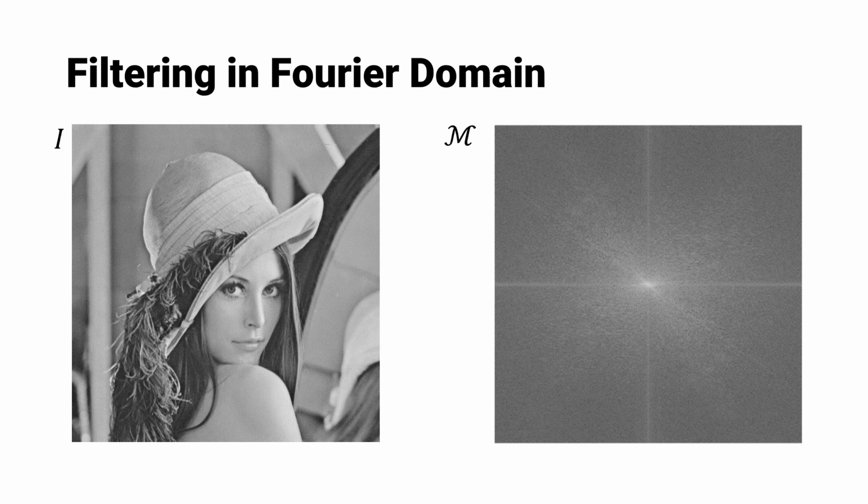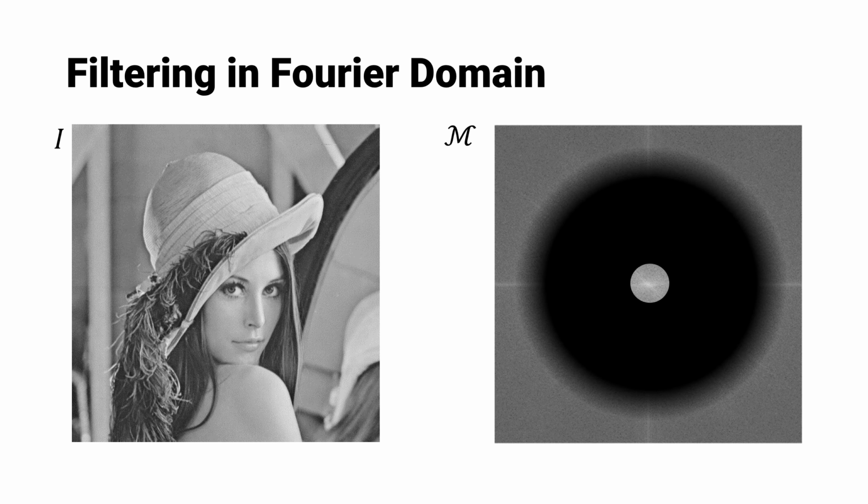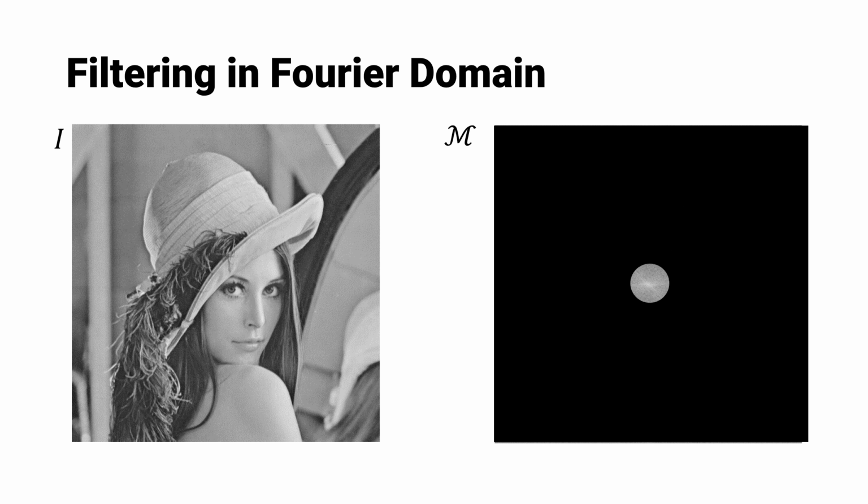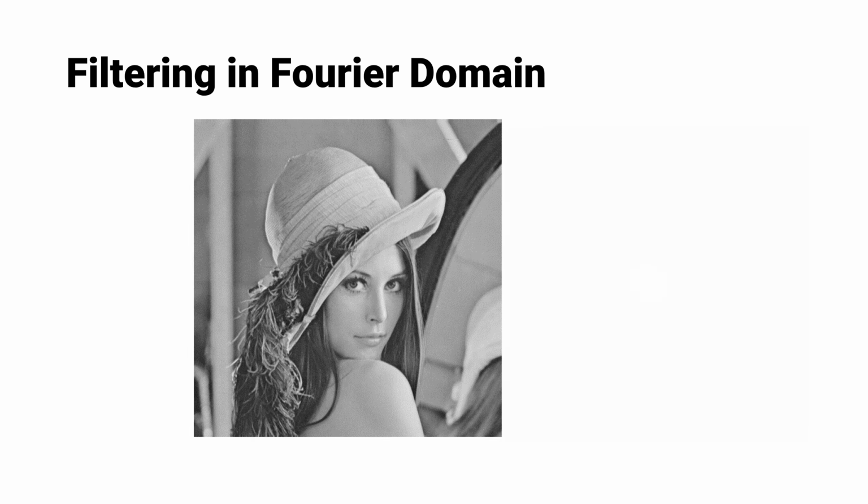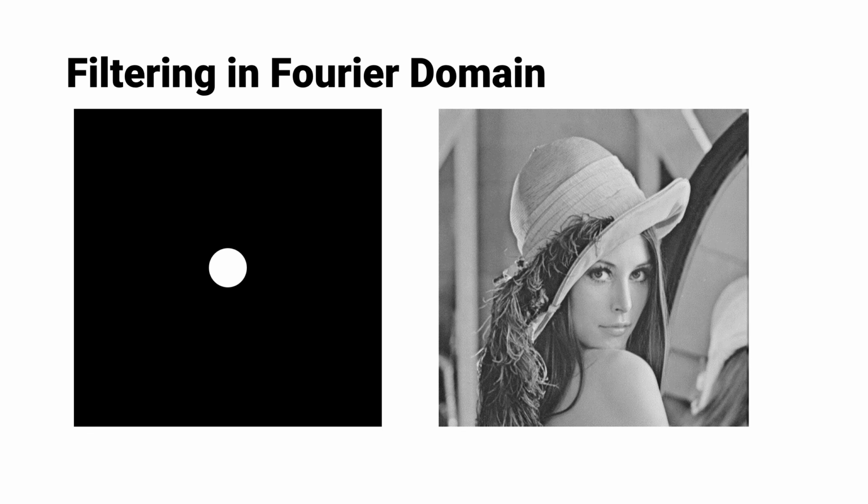So let's take this image of Lena on the left. Again, remember that this is the log magnitude spectrum which I'm showing you, but essentially we are performing all these operations on the actual values. This is just for our better visualization, right? Let's say I take this magnitude spectrum, and I multiply it with this mask on the left, which is a circle with ones in the middle, or 255, and basically black all around.